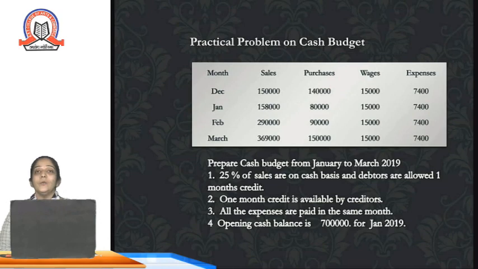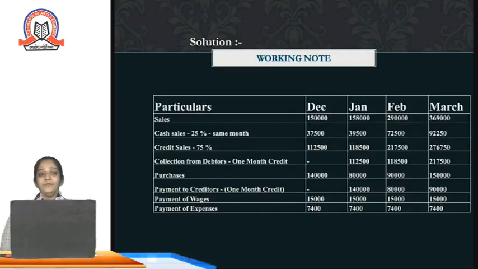So let's see the working note for the same. Now, number 1, how are you going to present that? First of all, you have to make a schedule which includes particulars and the data given for 4 different months, that is December, January, February and March.